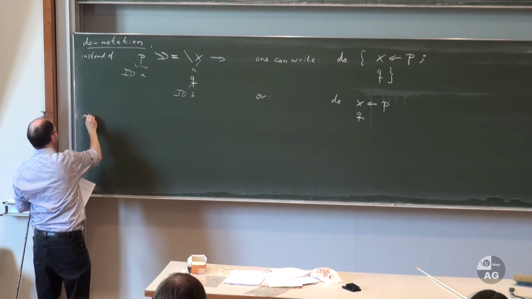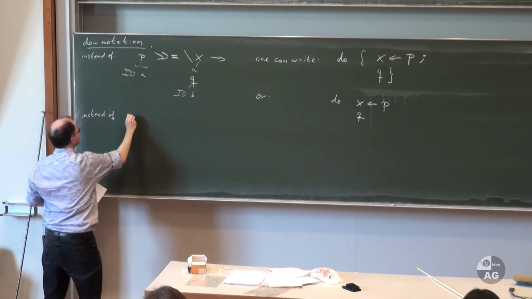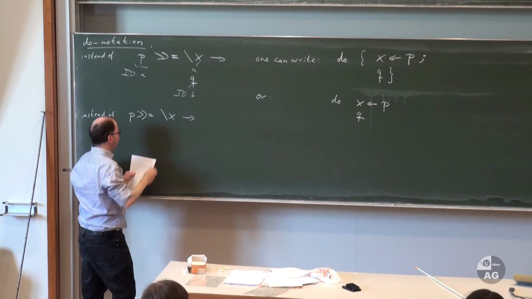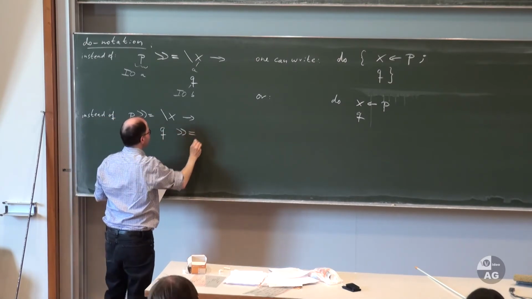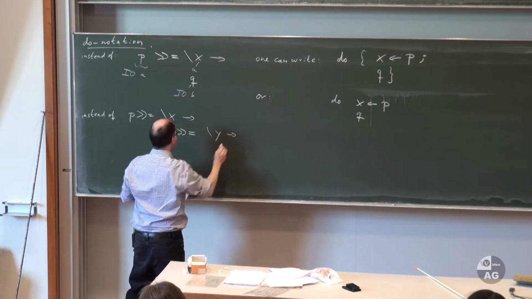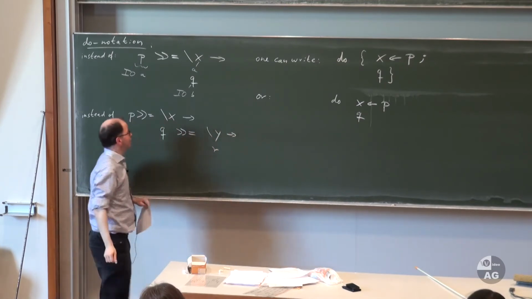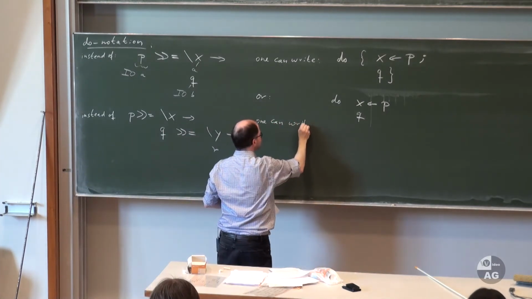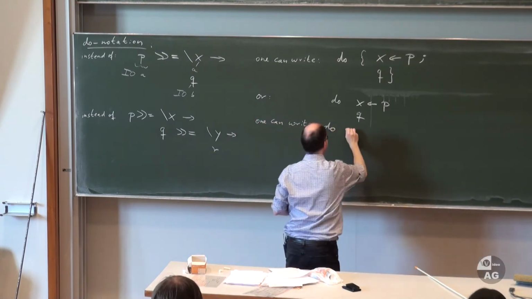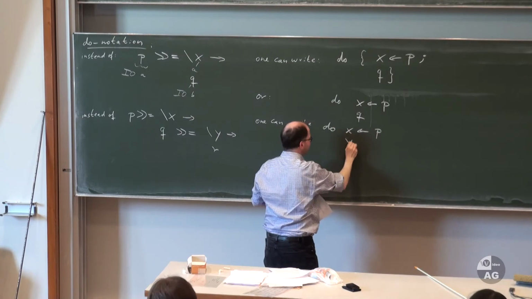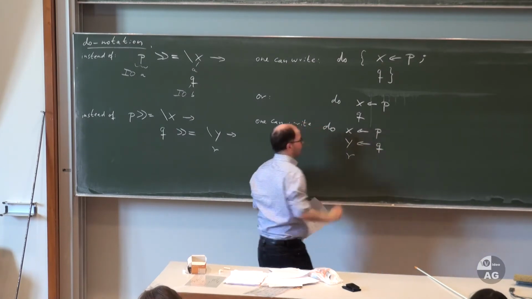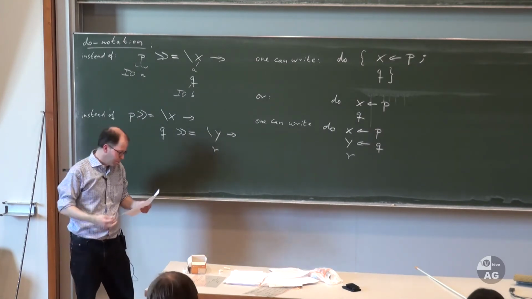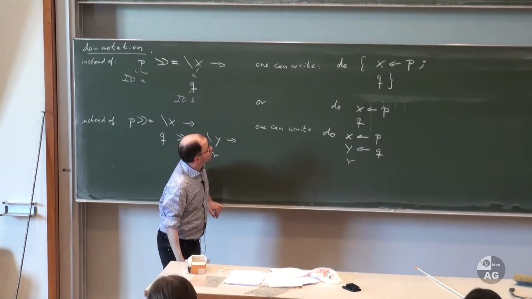So instead of first do P and bind the value that you determined here to a variable x, and then do Q and bind the value that you determined here to a variable y, and then finally do R. So instead of this, one can write do, and now x becomes the value determined by P, y becomes the value determined by Q, and then we do R. And this looks already a bit imperative.